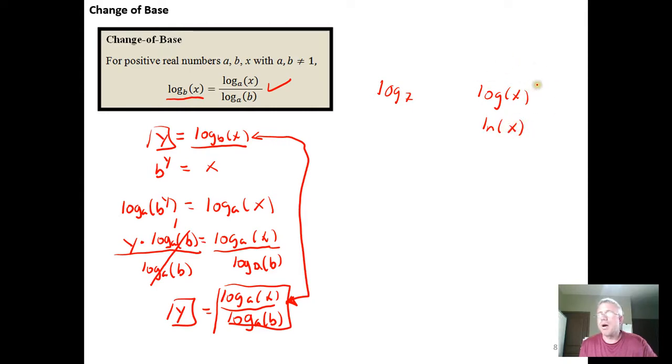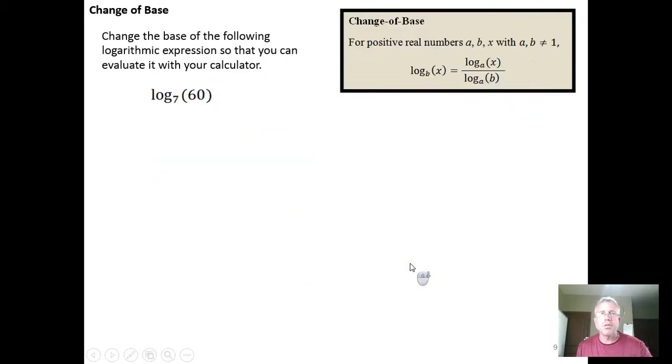In a lot of the modern computer algebra systems, we don't need to do a change of base to solve or approximate a logarithm, because the computer algebra systems will have the capacity to deal with multiple logarithms.